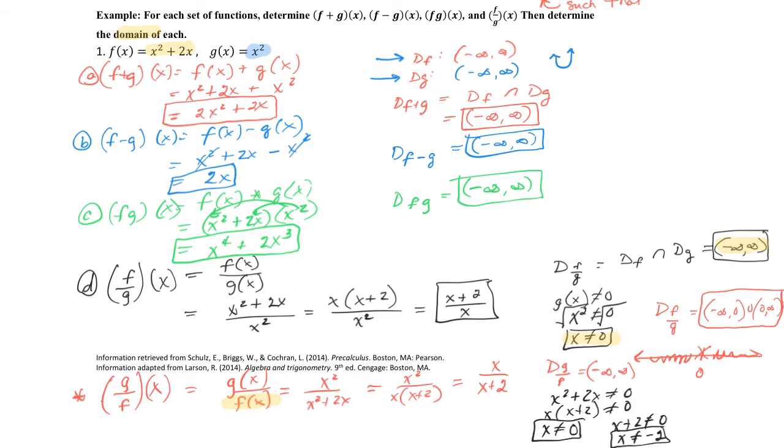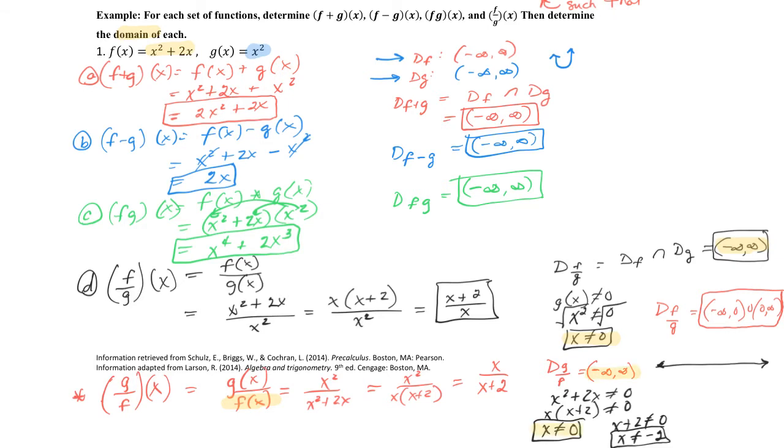So if I was using a number line for this one, I'm actually going to erase this other one just to get it out of my way. So now using a number line, the intersection of the domain of f with the domain of g we said is negative infinity to infinity.